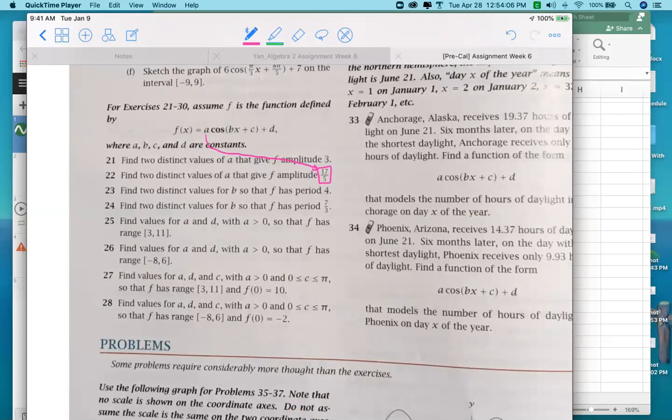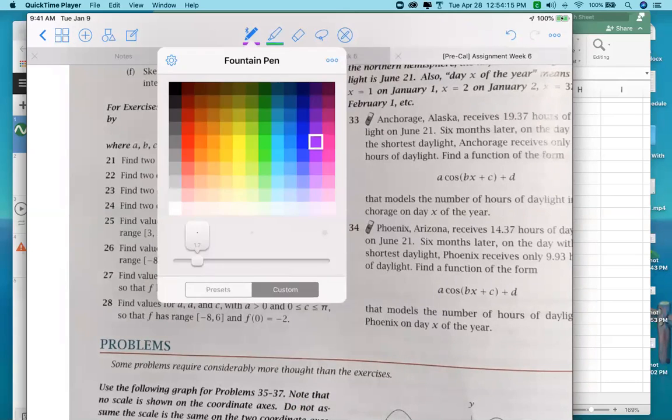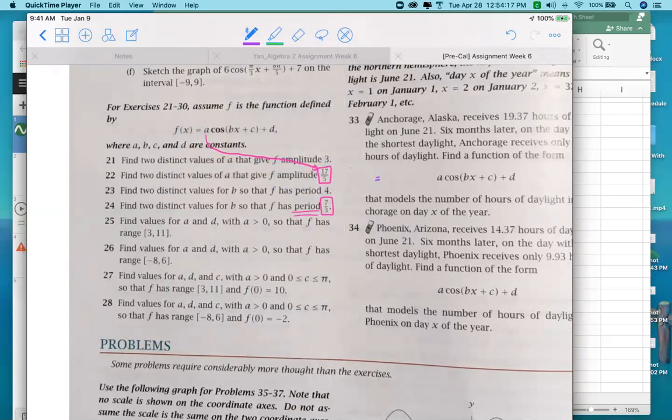Number 24 is a little bit different. Remember, they are telling you that the period is 7 over 3. So if the period is 7 over 3, that means I take 2 pi over this number right here, which is B. I put B at the bottom, and it equals 7 over 3.